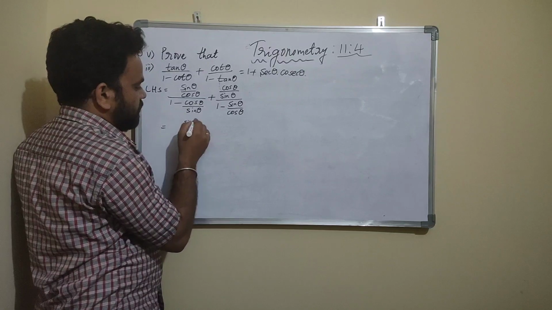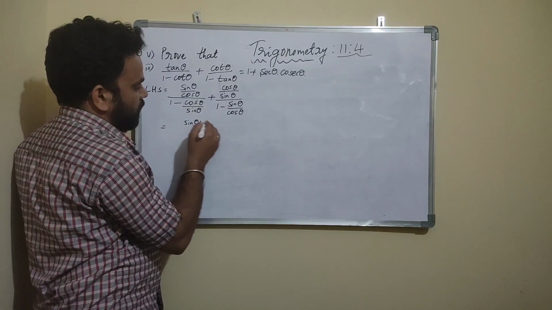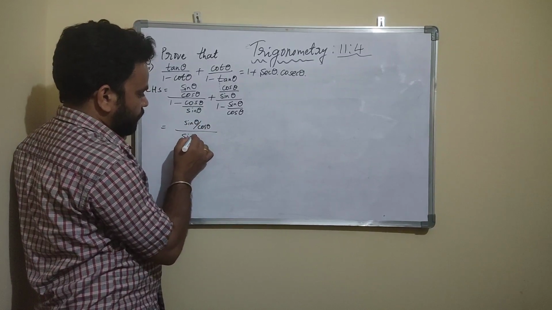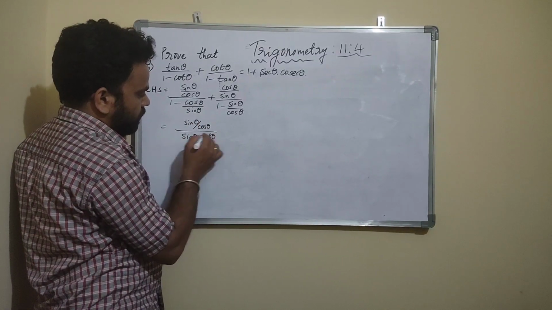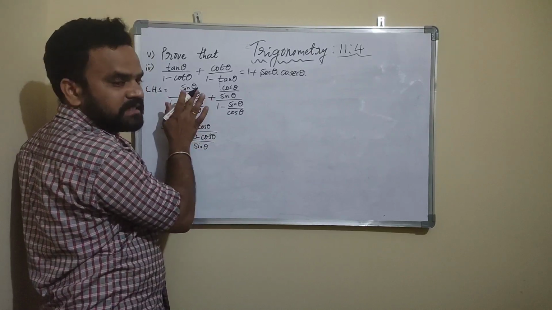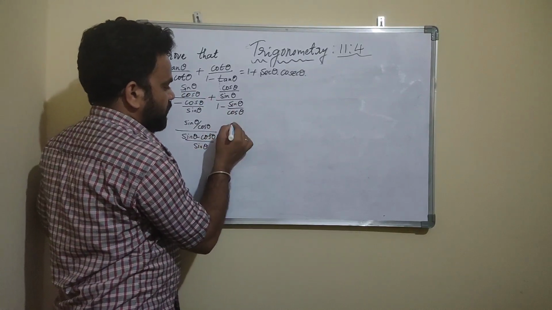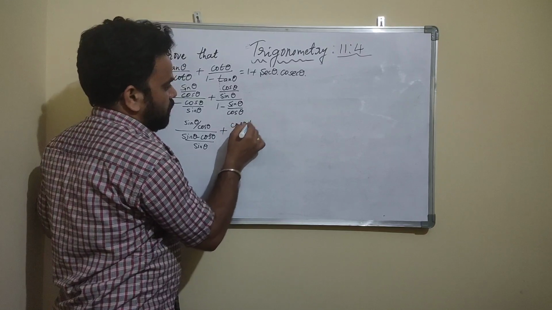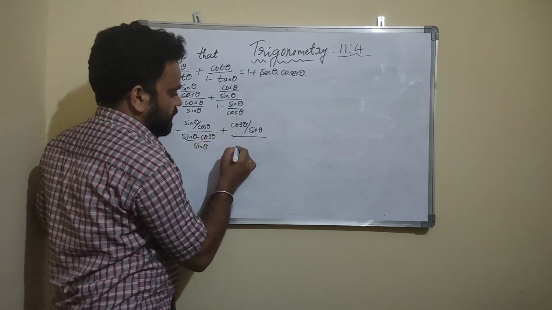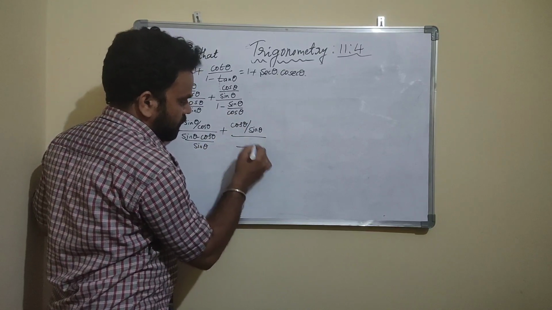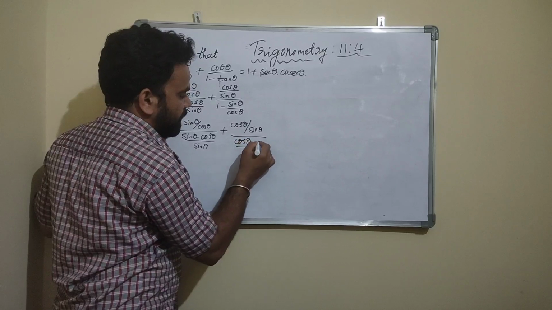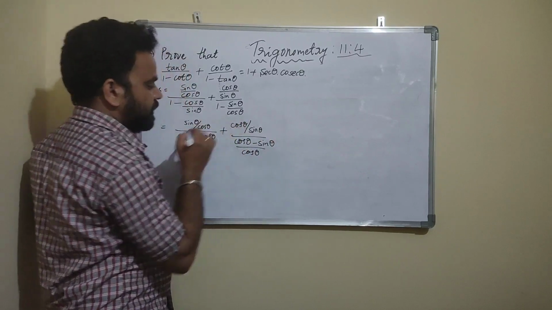This I will write sin theta by cos theta as it is, divided by LCM sin theta minus cos theta divided by sin theta, plus here also numerator as it is, cos theta by sin theta, divided by LCM cos theta, that is cos theta minus sin theta.